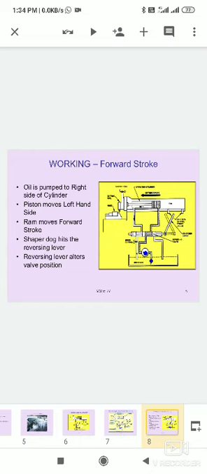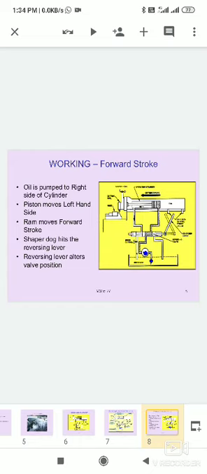At the end of the forward stroke, one end of the dog hits the controlling lever, which causes the valves to change their position.